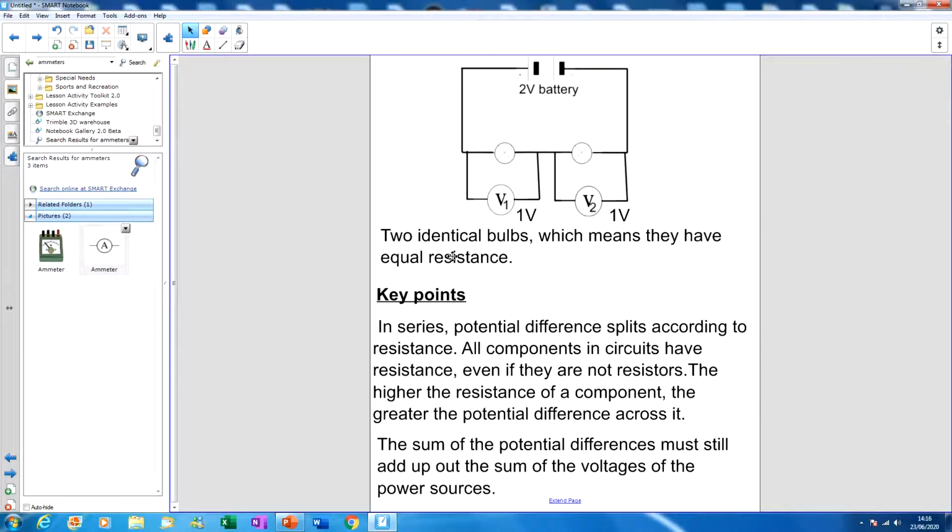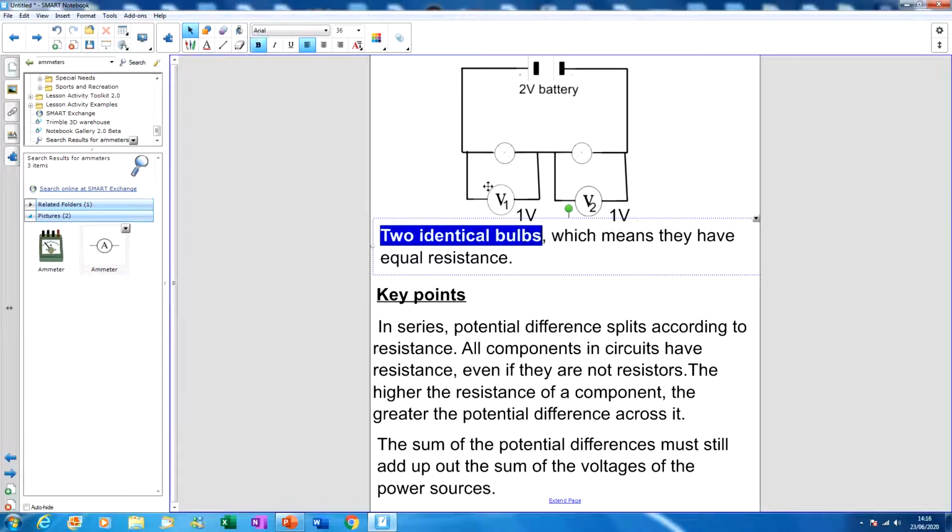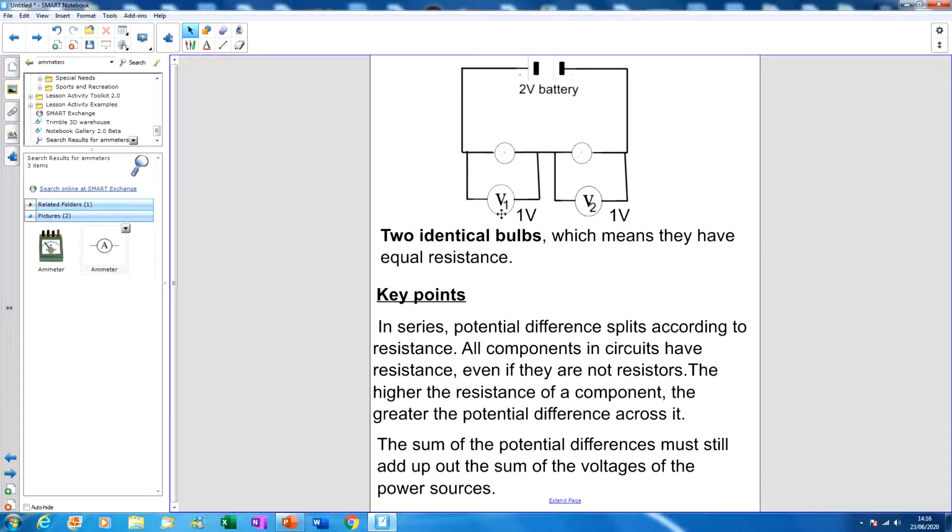So in this case, I've told you in the question that we have identical bulbs. So that means that the resistance of the bulb with V1 across it is the same as the resistance of the bulb with V2 across it. So they have equal resistance, so they would have the same voltage across it.